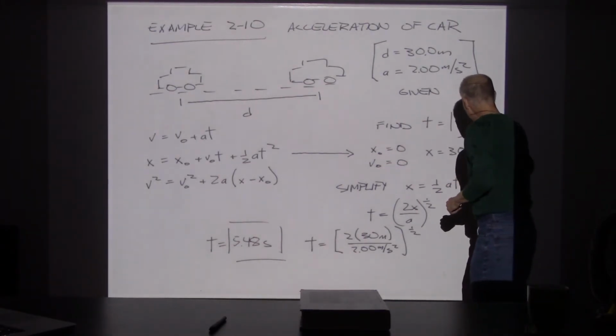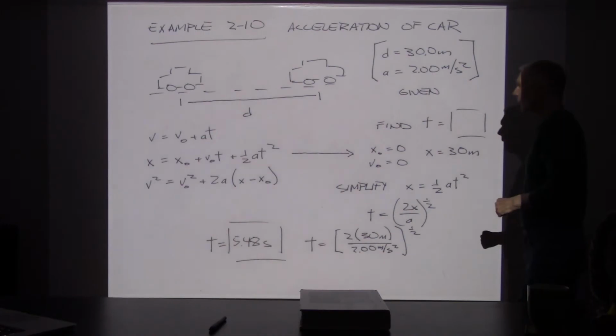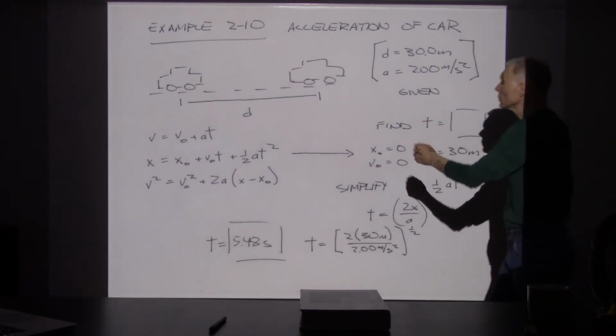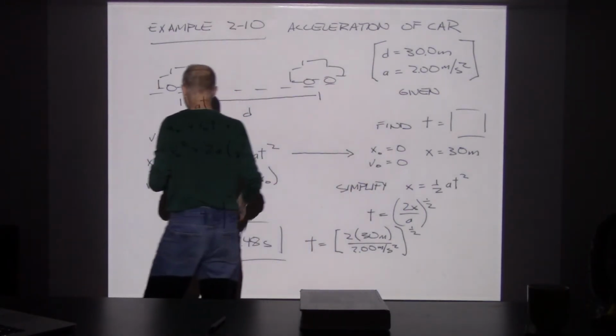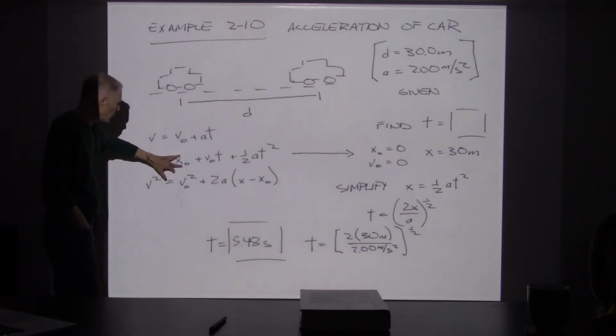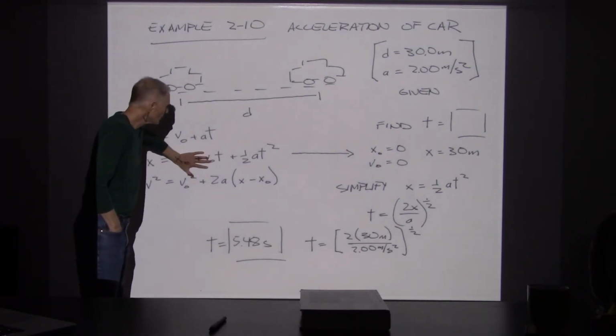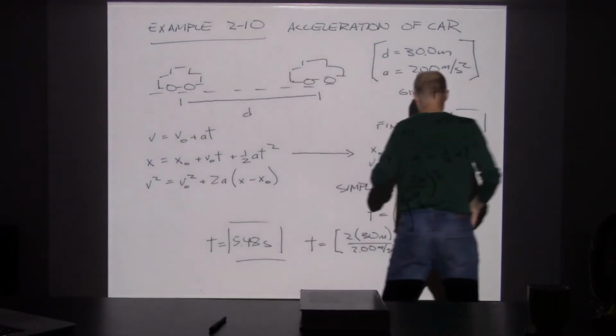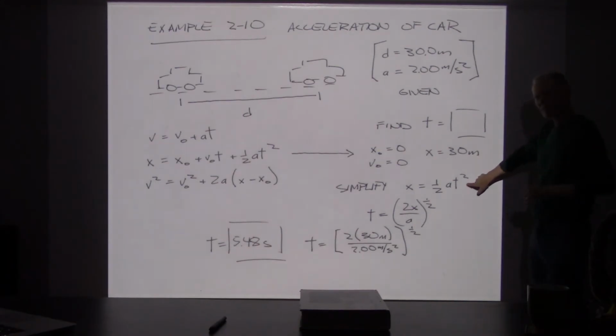I've got these variables set up, and I don't really know what v is at the other side of the intersection, but looking at the second equation, I do know what x is. I know these guys are 0. I can solve for time because I know the acceleration. So notice how that formula is simplified, and I think that's a good step.